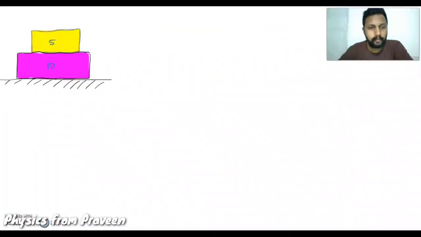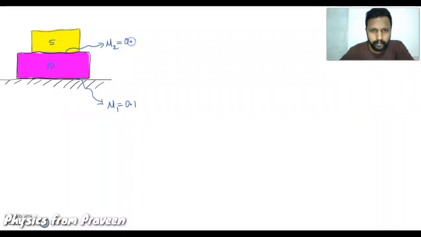Now you have understood the first situation. Let's change the situation slightly. In this new situation, let's say this surface has a coefficient of static friction of 0.1, and the surface between the 5 and 10 kilogram masses has a coefficient of static friction of 0.2.